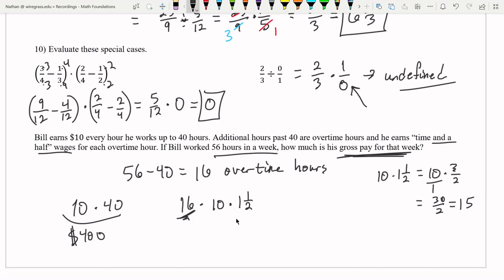So you can either do it like this and do multiplication straight through, or you can just write it as 16 times $15 for every hour. There's 16 overtime hours. 16 times 15 is 240. So in total, he makes the addition between these two amounts. And that's going to be $640.